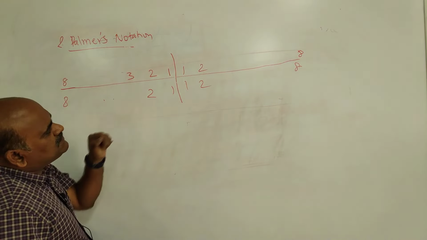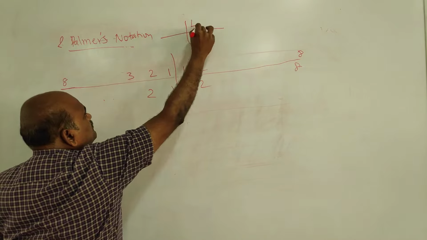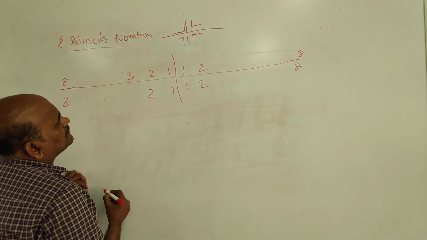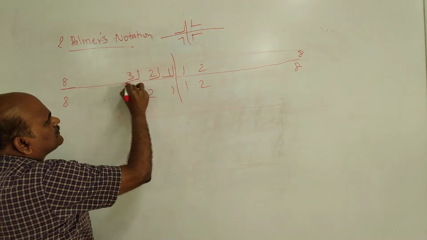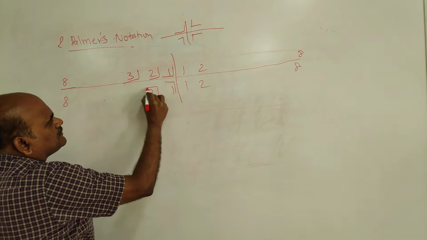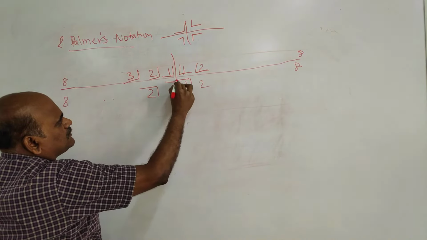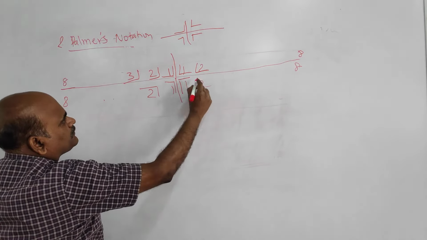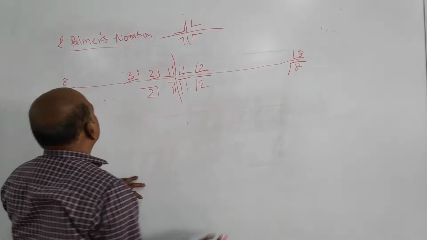Then how to differentiate these numbers? Here, for each quadrant, a symbol is put like this. This quadrant, left quadrant, this.